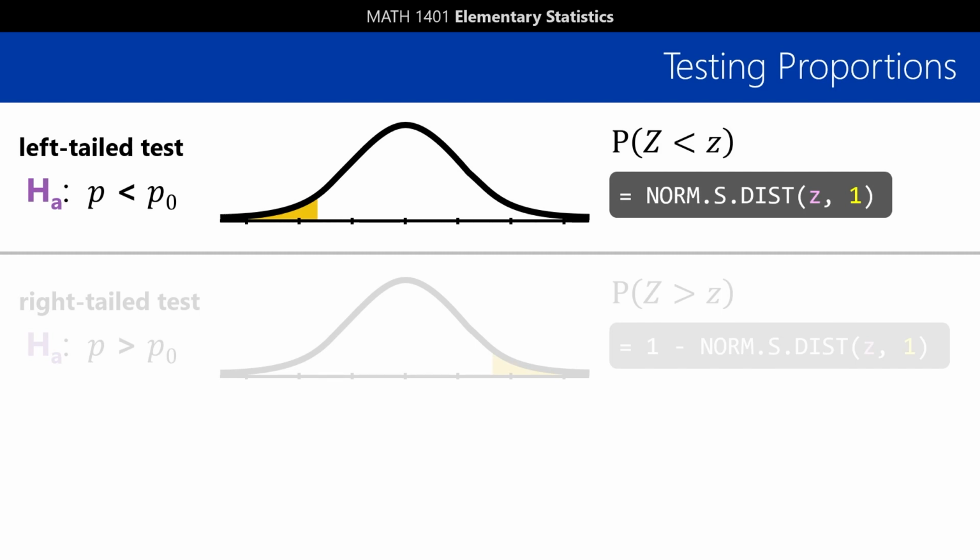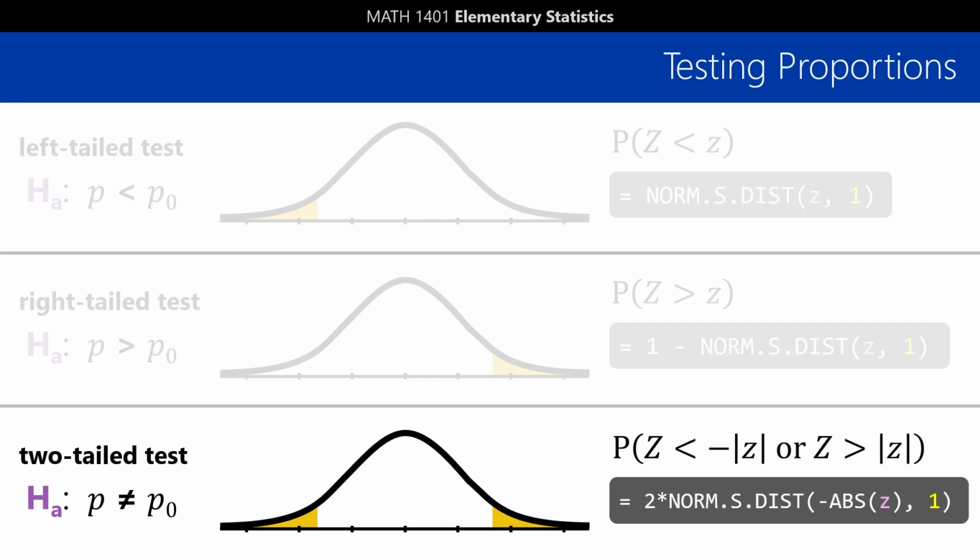And finally, if you're looking for a difference of any sort from your null hypothesis, but aren't sure which direction it'll be off in, you can use a two-tailed test, which takes both sides into account, finding the probability that you're off by a certain amount in either direction.